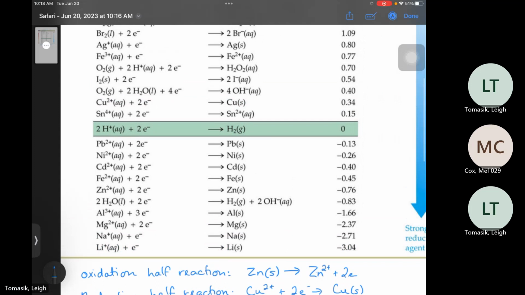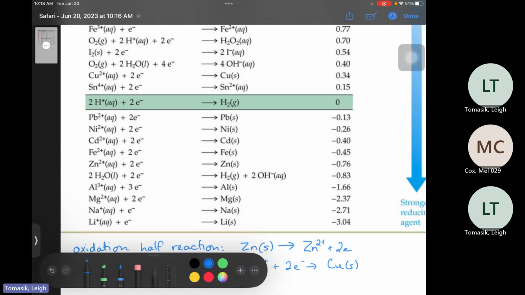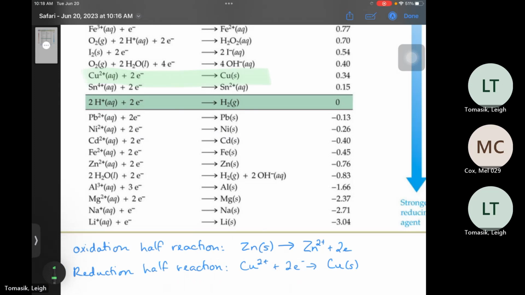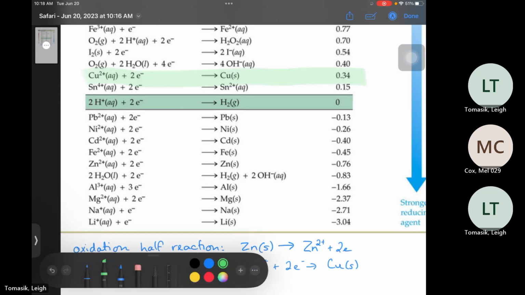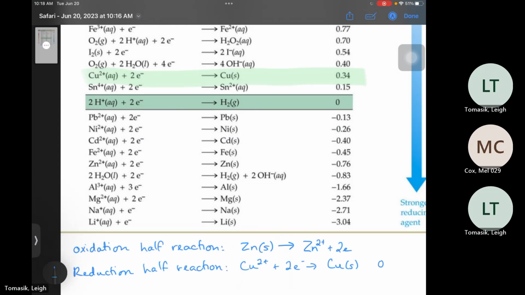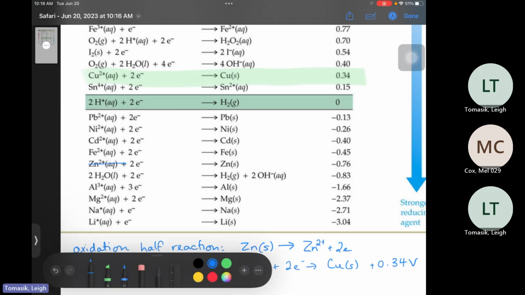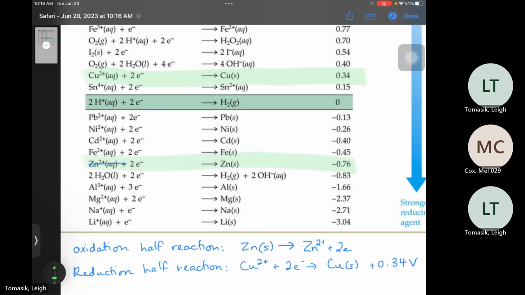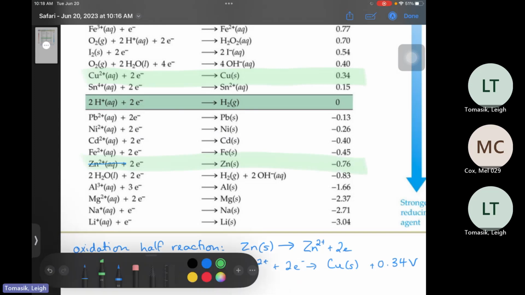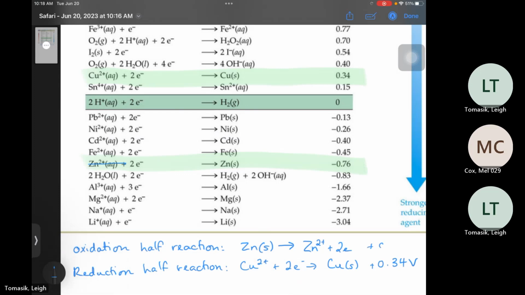When we're getting our cell potential, you'll notice that it's positive 0.34 volts for copper, which matches the table. But for zinc, we have to change the sign because it's an oxidation half reaction.